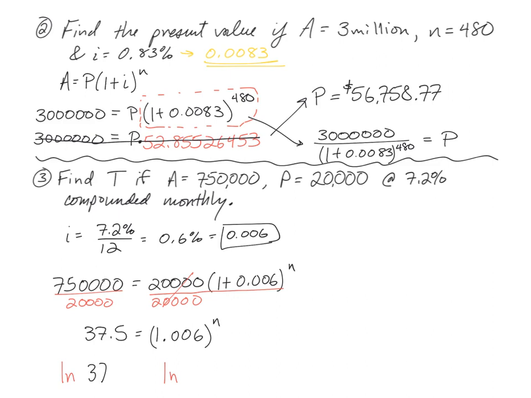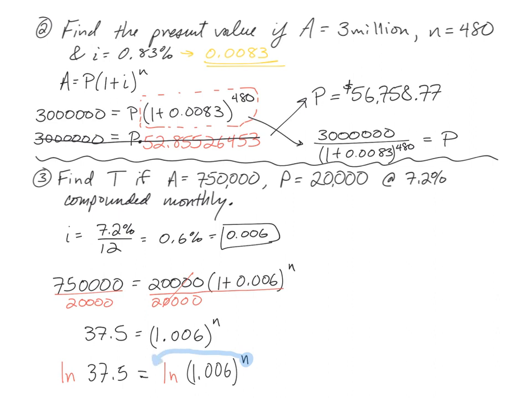So 37.5 and 1.006 raised to the nth power. Yeah, we're allowed to do that. The next step is then we can use the power rule for logs to move any exponents we have to the front of a log.